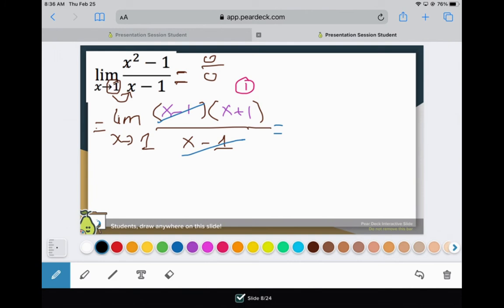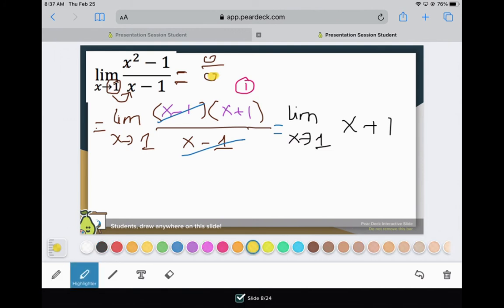So when I do this, I just write what I have left, which is x plus 1. Now, my denominator, the one that gave me the problem, remember the problem they gave me? Divide by 0. That problem is gone. So when I have x plus 1, what should I do next?